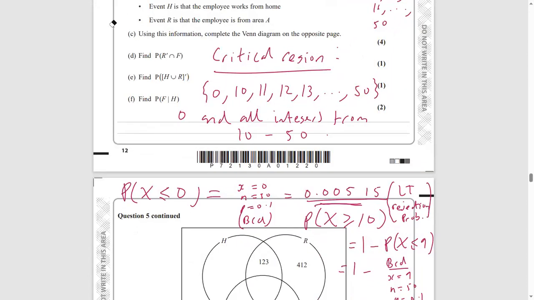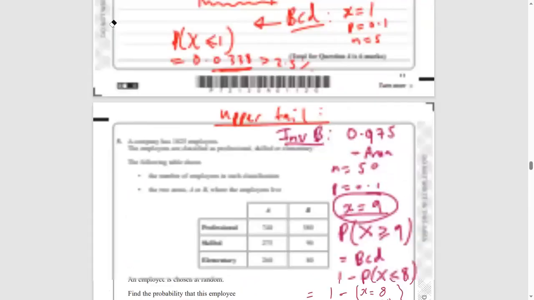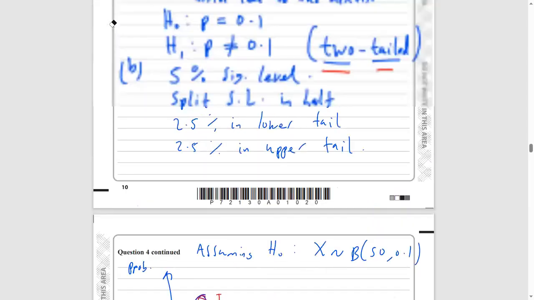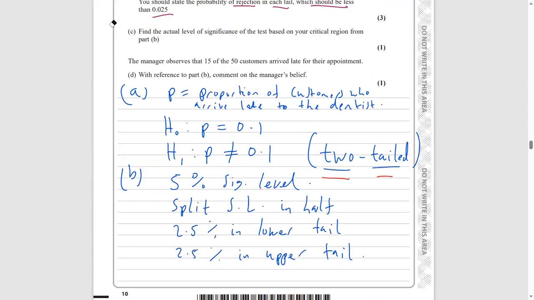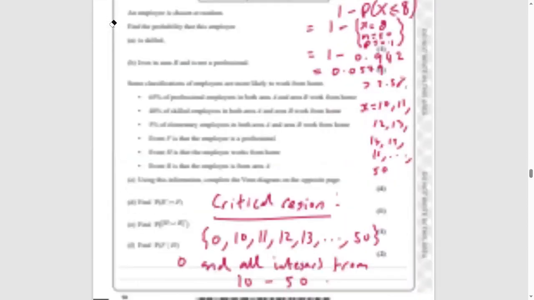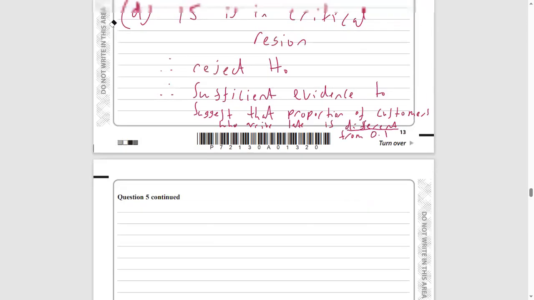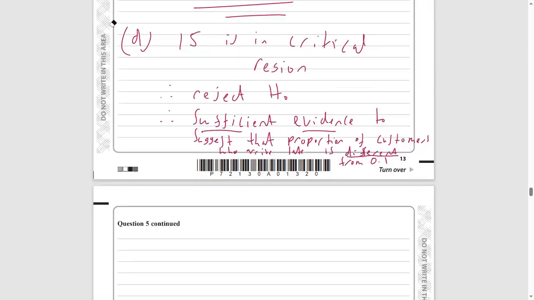This is the upper end, this is the lower end. But because we're testing the null hypothesis against the proportion being different from 0.1, that's what we want to say in our conclusion: sufficient evidence to suggest the proportion of customers who arrive late is different from 0.1.